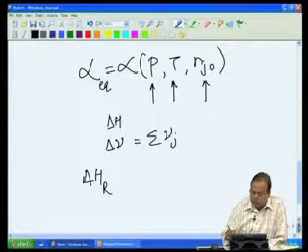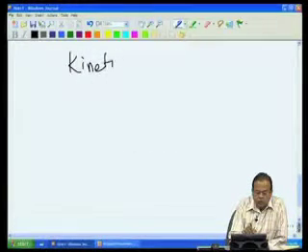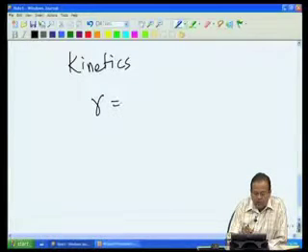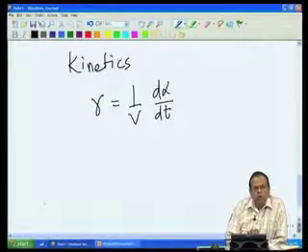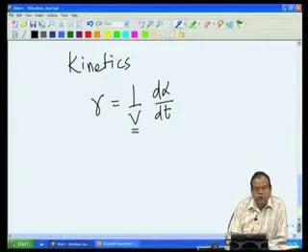So, armed with all this information, we then focused our attention on the kinetics of the reactions. Kinetics is the measure of the rate of reaction, and this rate of reaction we defined for a closed system as the rate of change of extent of reaction with time, and defined it as an intrinsic variable by normalizing it with the volume of the reacting mixture.